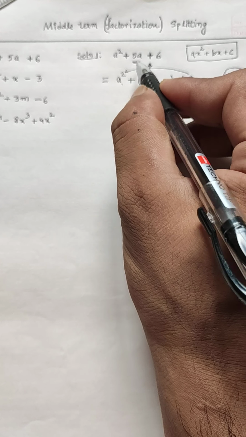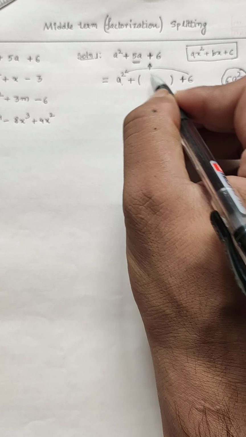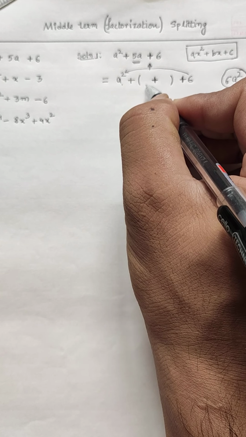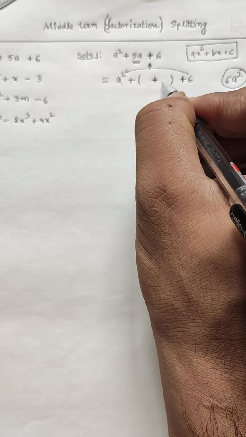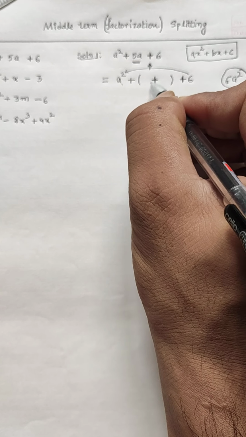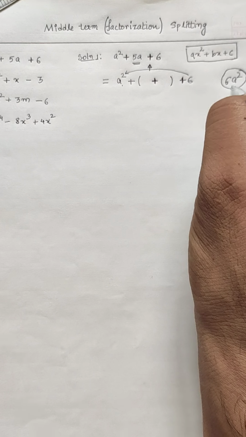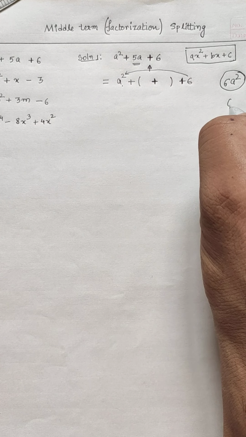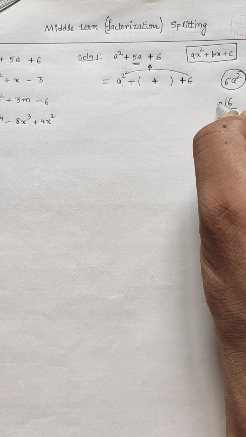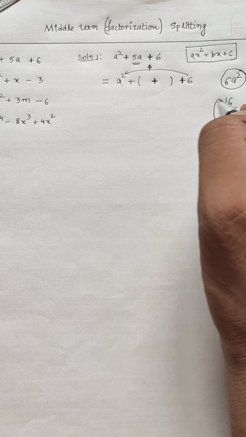So now what you have to do is split this 5a such that their addition must be 5a, and while you are multiplying these two, the answer must be 6a square. So you can factorize 6: 3 times 2, 2 times 1. So 3 times 2 is the factor of 6.